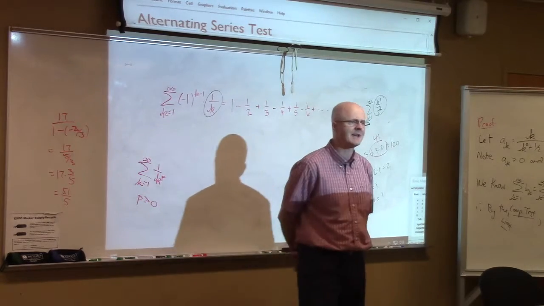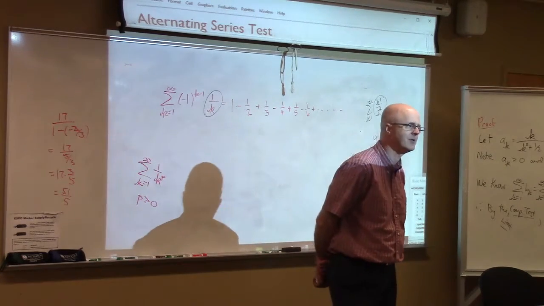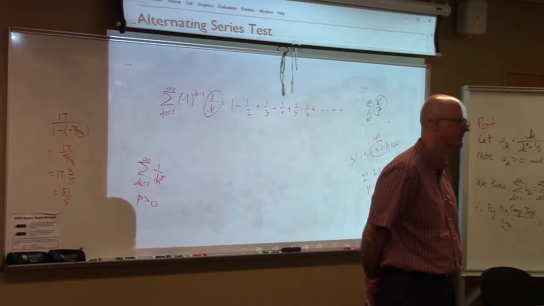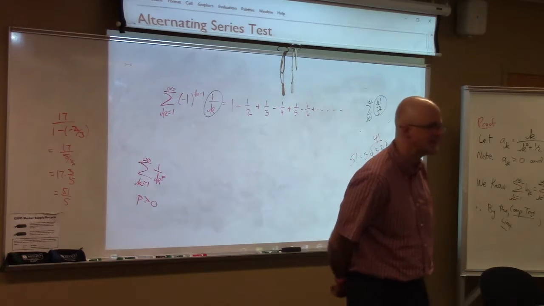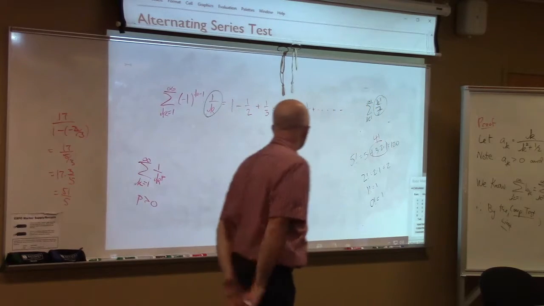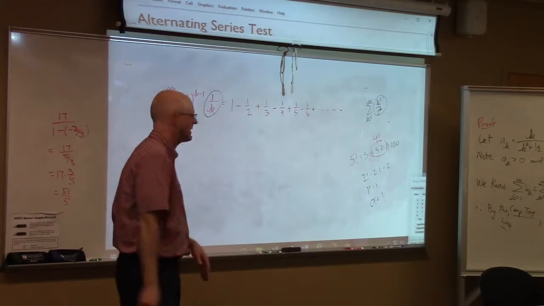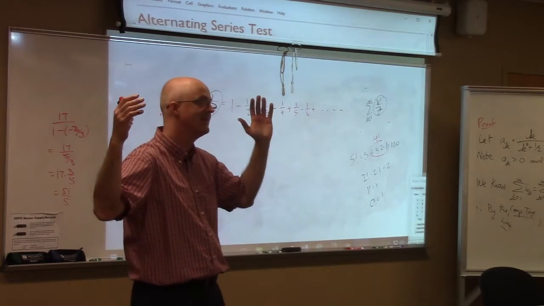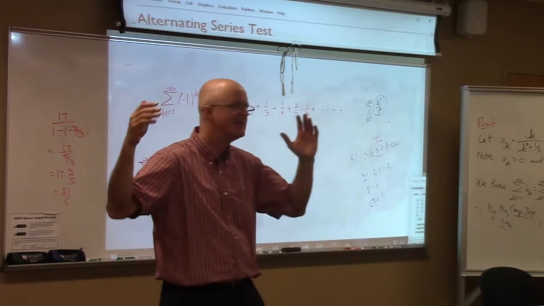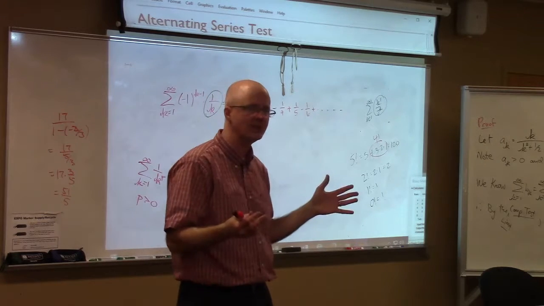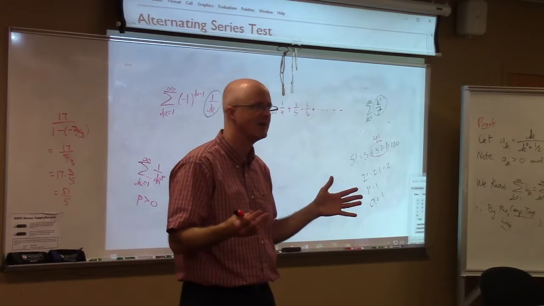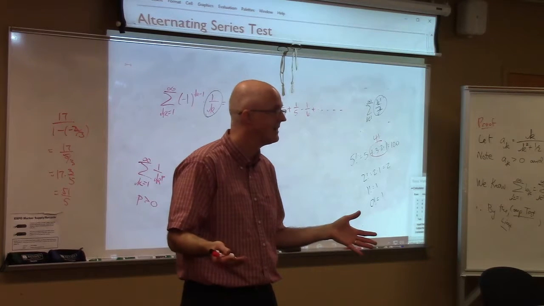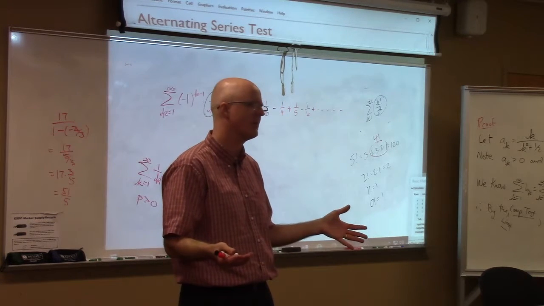However, I should also say that its convergence is kind of fragile. It's a fragile kind of convergence. What do I mean by that? I mean, if you decide you want to try to break the convergence of the series, it can be done. How? Just by rearranging the terms, actually. You can cause it to either converge to something else or cause it to diverge by rearranging the terms appropriately.